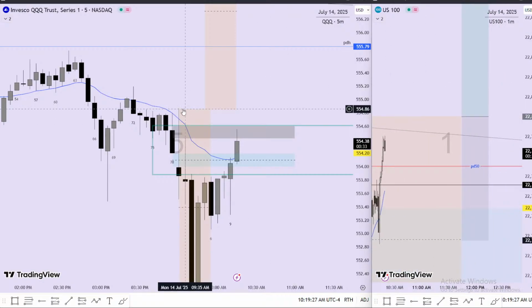There's basically 90% chance that we are going to take the high of the day, which is the first candle of the day. So that makes it more probable.